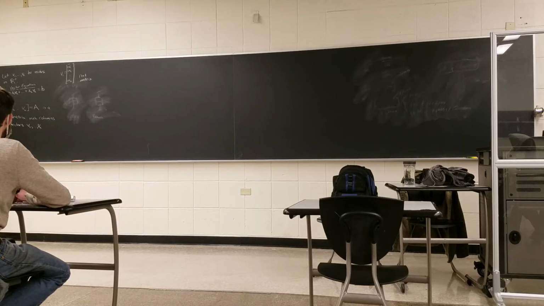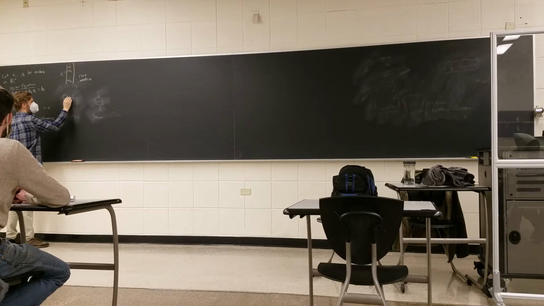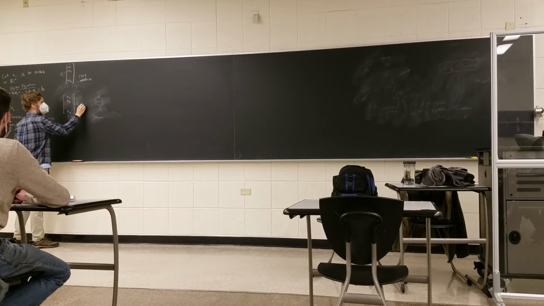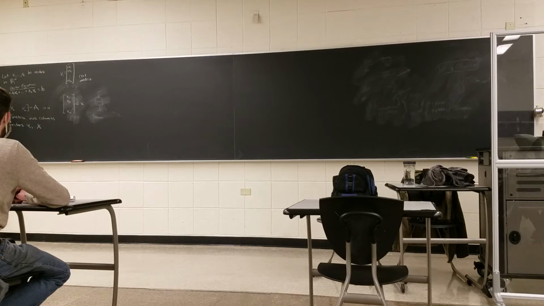So this gives us some matrix, and we are also going to have a column matrix that represents the vector x1, x2, up to xk. I'm just going to call this vector x.